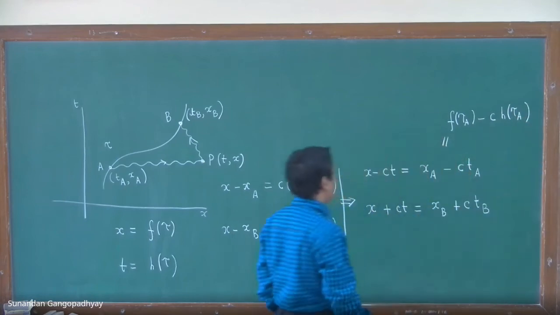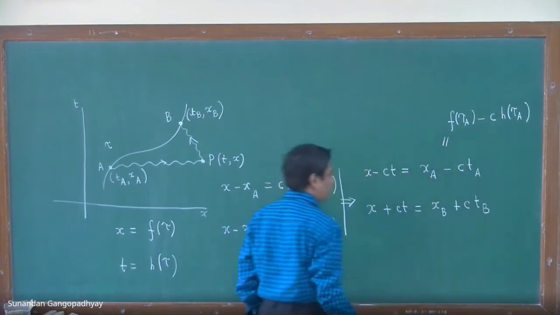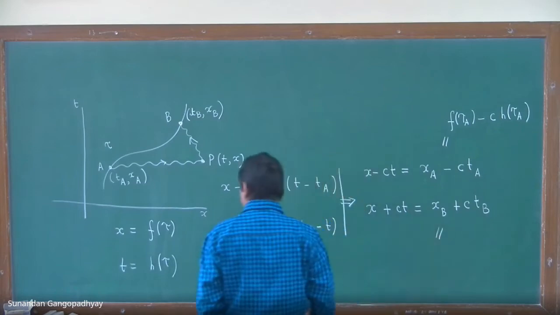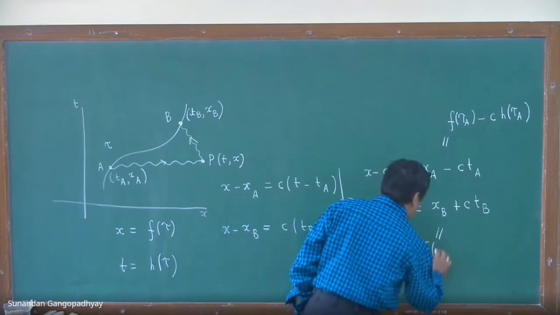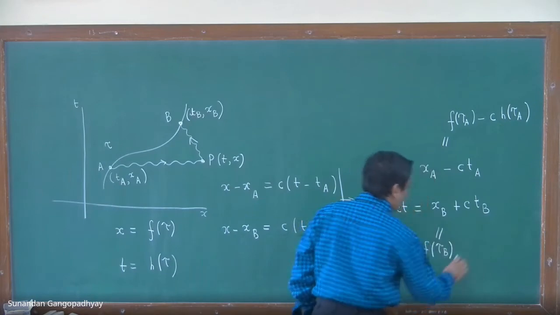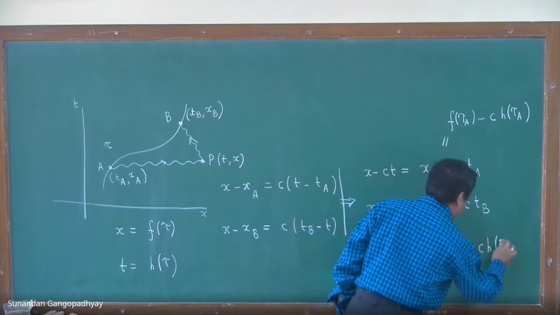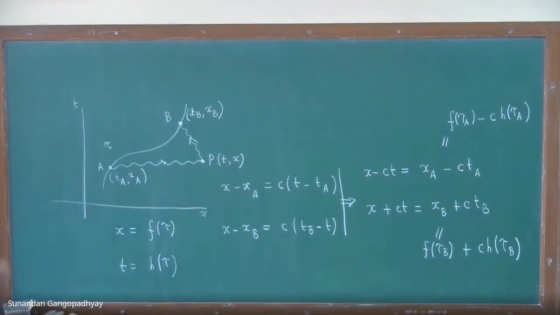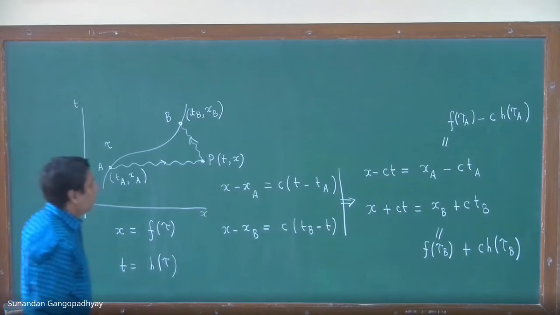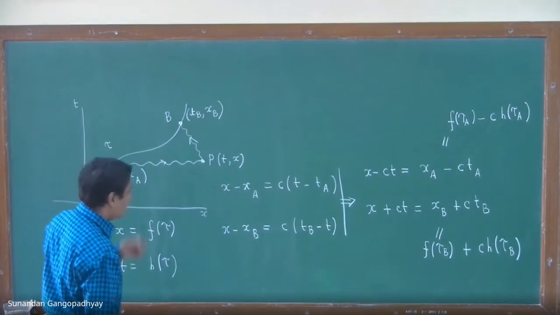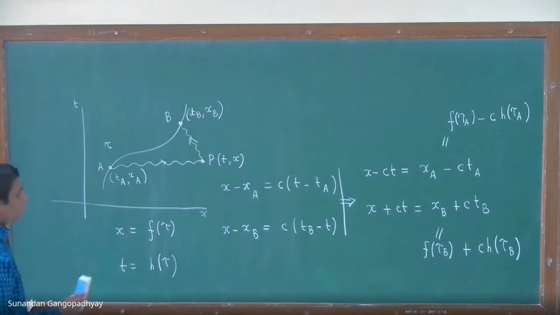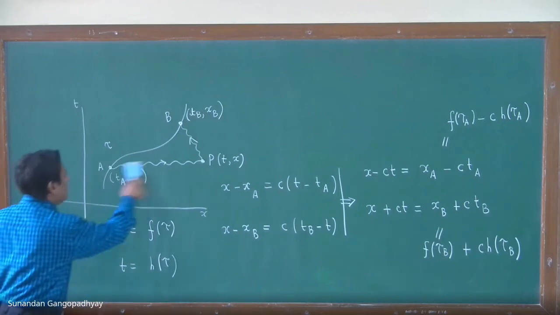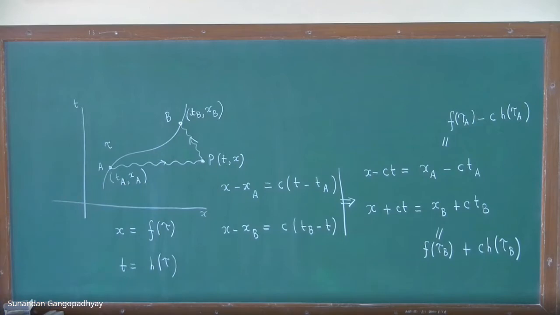Okay, so x minus ct is basically this, and this is xb, so this is f of tau b plus c h of tau b. Okay, so this is what we have already got earlier from this consideration. And the only physics input, if you note, is that these paths are connected by light signals, and that is the way you get these equations.